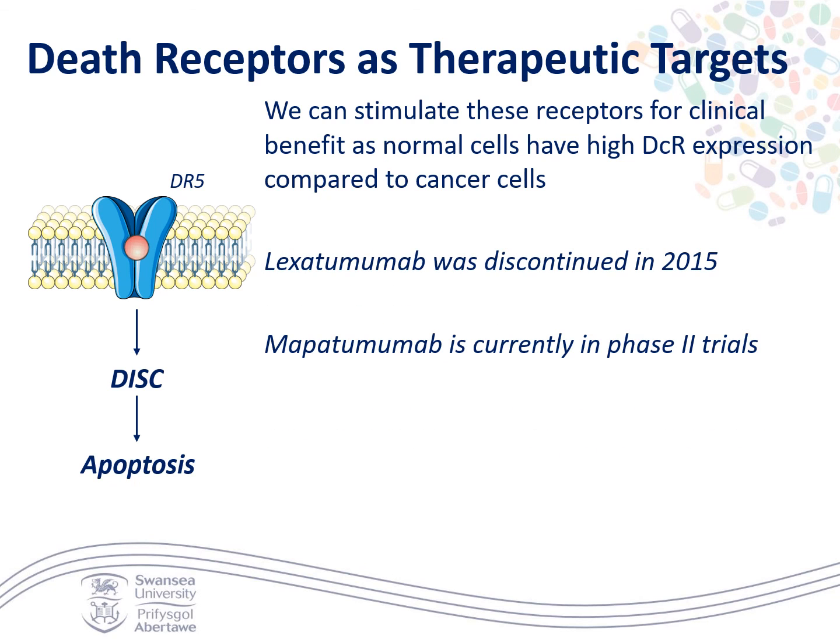Unfortunately, these monoclonal antibody therapies have not yet translated to use in the clinic. Lexatumumab, the agonistic DR5 monoclonal therapy, was discontinued in 2015, and mapatumumab, the agonistic DR4 antibody therapy, is currently in phase 2 trials, but little to no clinical benefit has been seen in studies with the addition of this therapy compared to standard of care.